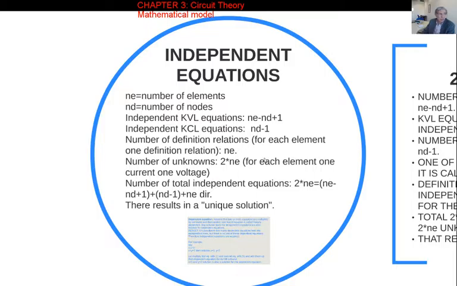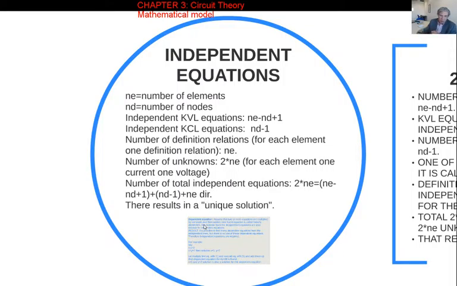So for each element there are 2 unknowns, NE elements, 2NE unknowns. So the number of equations is the same as the number of unknowns. The solution that we find by solving these equations is going to be a unique solution, and this is the solution that we are looking for in the analysis of a given circuit.